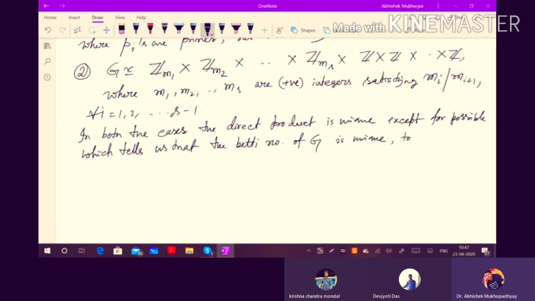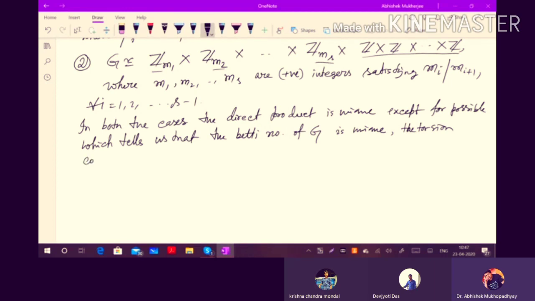The torsion coefficients, that is these ones, Betti number means the factors. The torsion coefficients in G are unique. And lastly, the prime powers p_i^r_i are unique.